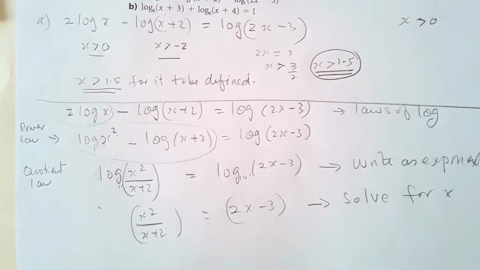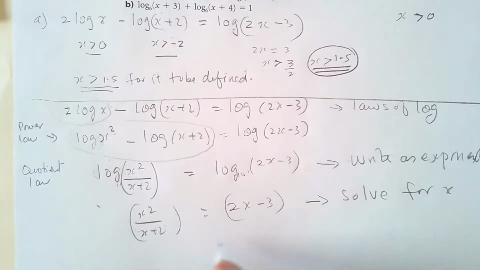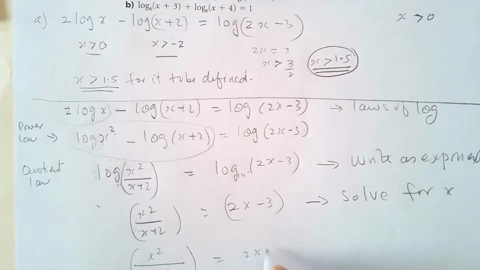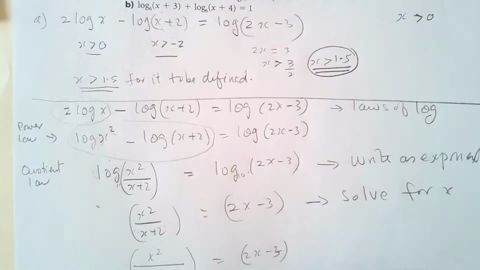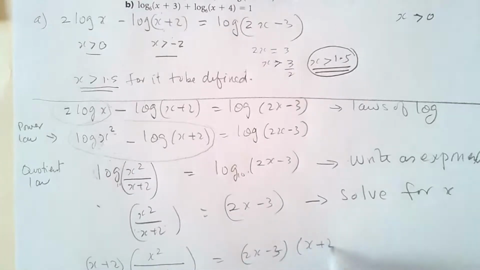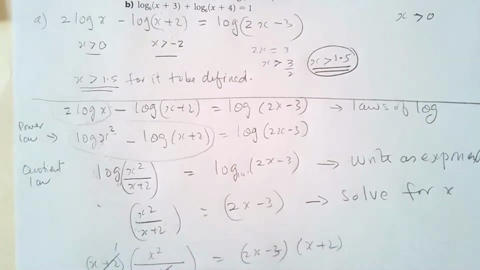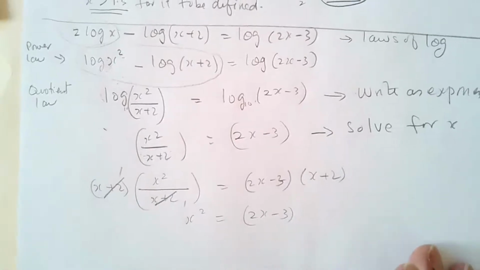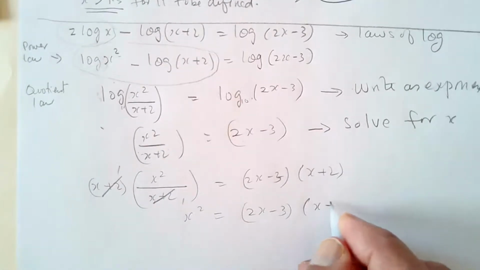So now we have x squared into x plus 2 gives you 1. So we have x squared is equal to 2x minus 3 times x plus 2.